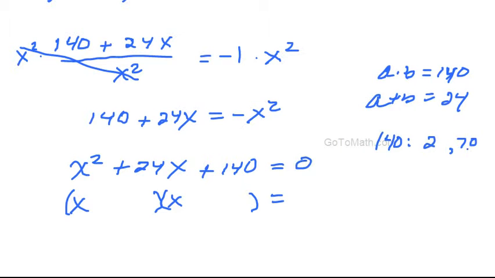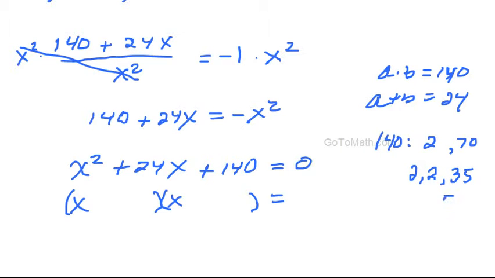So let's break 70 down. 35 goes into 70 2 times. So we could say 2, 2, and 35. That would be 4 and 35, but that's not going to give us 24.